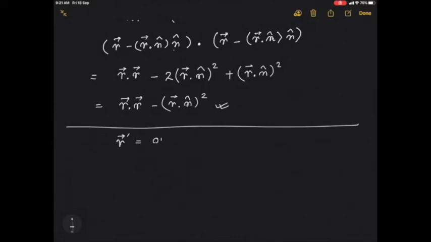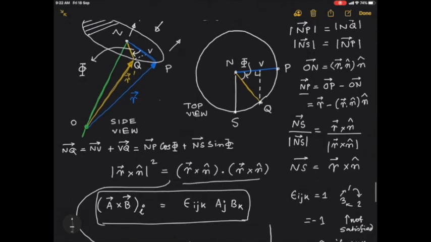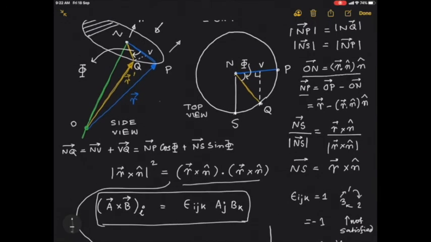Okay, so let us do it here. So r prime is ON plus NP cos phi plus NS sin phi. ON was the vector r dot n cap times n cap.